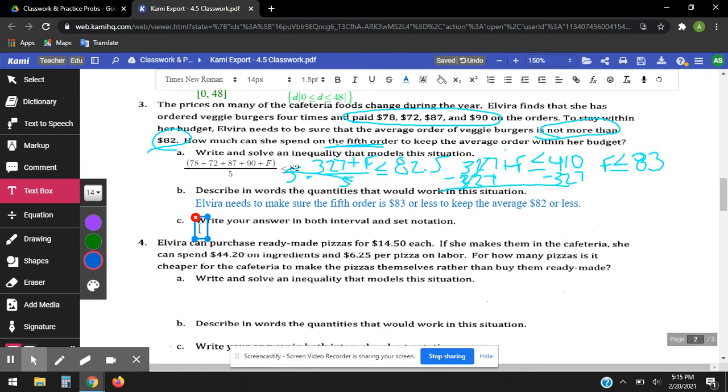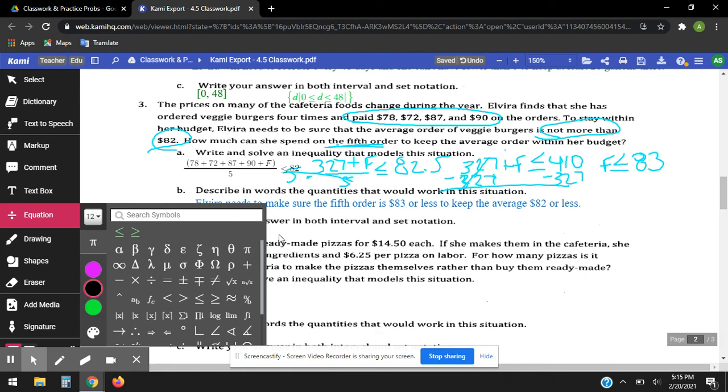So if we're going to say she could get refunds on her order, then we would have to have the negative infinity in there. We'll go ahead and do that just so we have that example. So bracket, we're going to say negative infinity to 83.